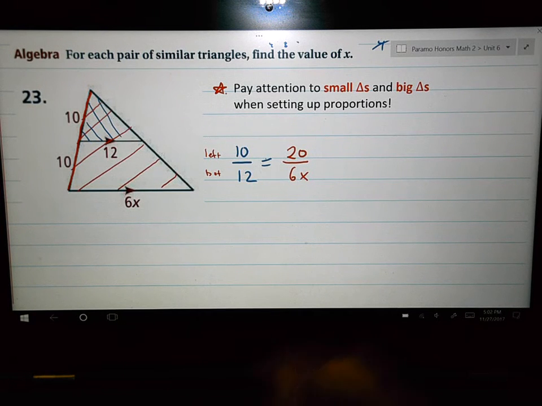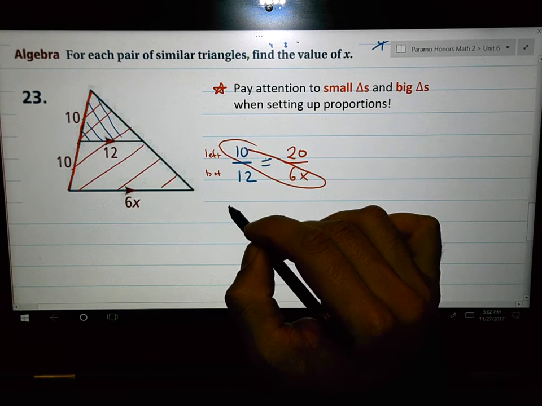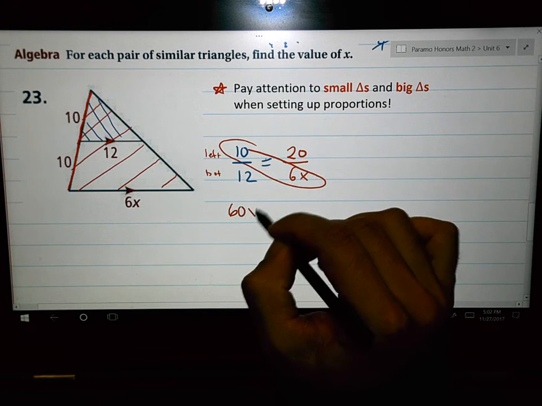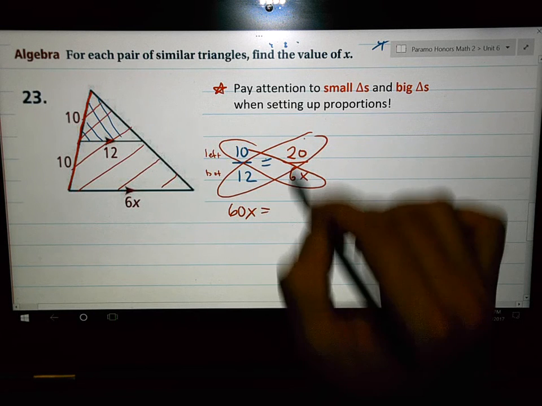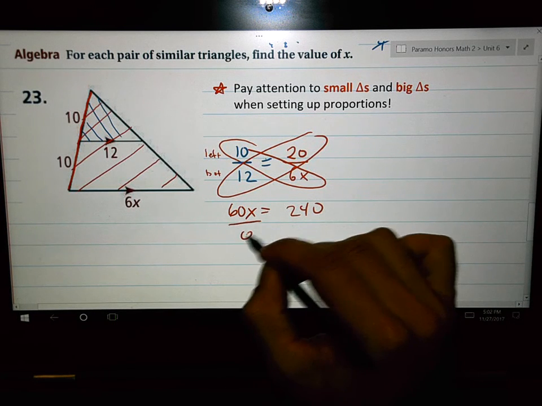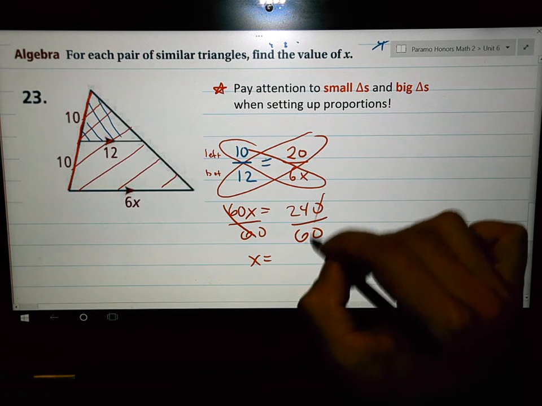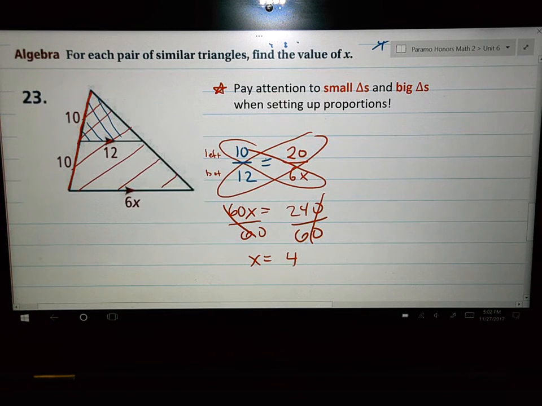Now let's do the cross products. Product of the extremes, 6x times 10 is 60x. The product of the means, 12 times 20 is 240. Divide by 60. I believe it's 4.